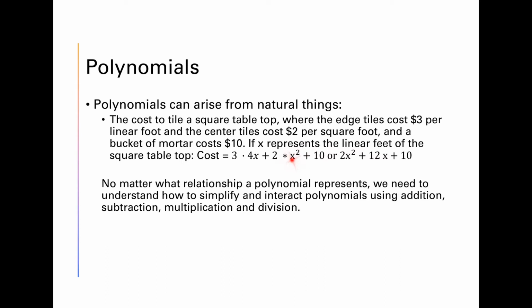So again, let's say it was a 10 linear foot table, that would be 10 squared, or 100 square feet, and the cost is $2 per square foot. So that would be 2 times 100 plus 10, right? Because the $10 is just the cost of the mortar. So this is a polynomial here. We have 2x squared, if we're putting them into descending order. 4 times 3x would give me 12x, and then plus 10.